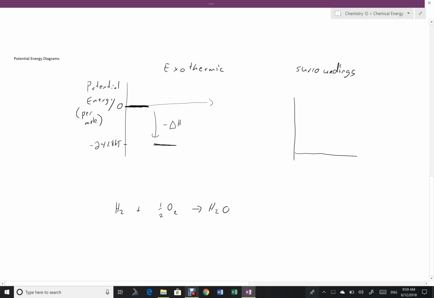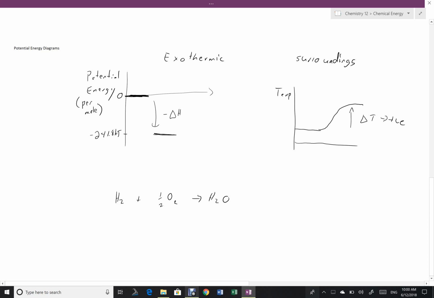So if this is exothermic releasing energy to the environment, and I track the temperature of the surroundings over time, what I'm going to see is that as this decreases, this temperature is going to increase. So this is what it looks like. This is our positive change in temperature associated with this exothermic reaction.